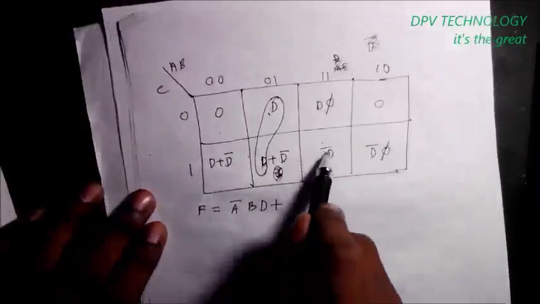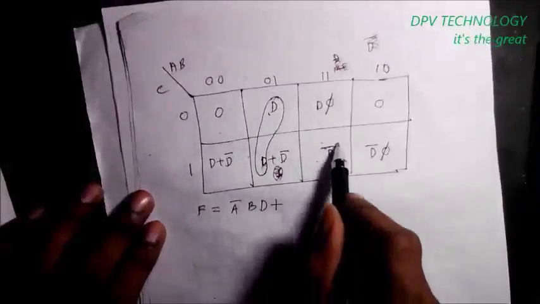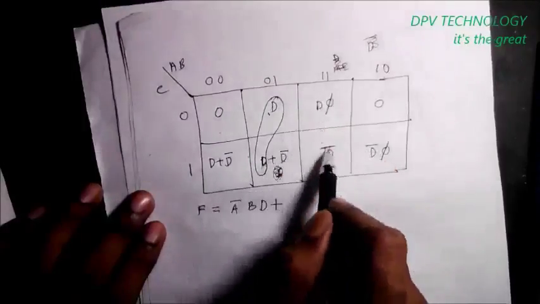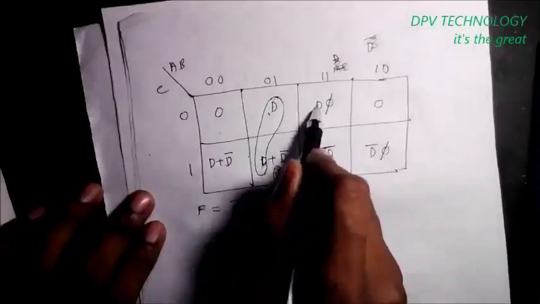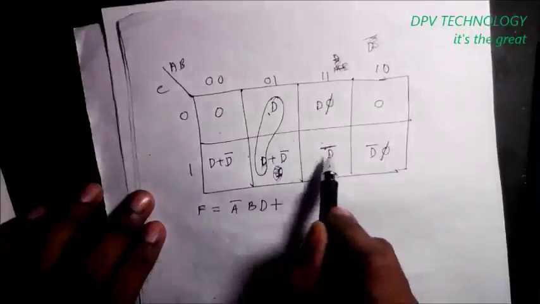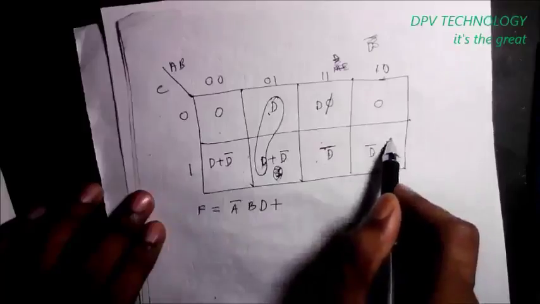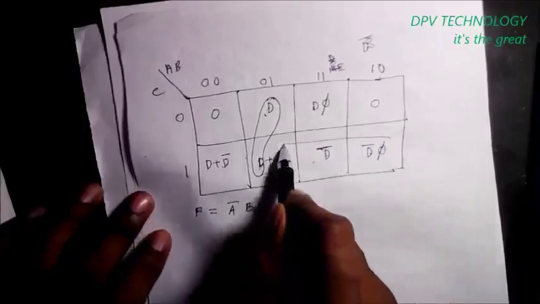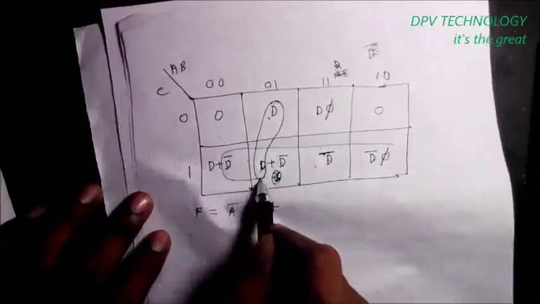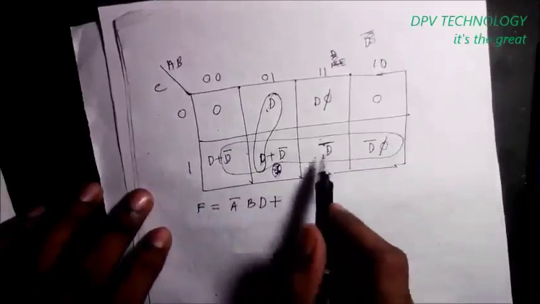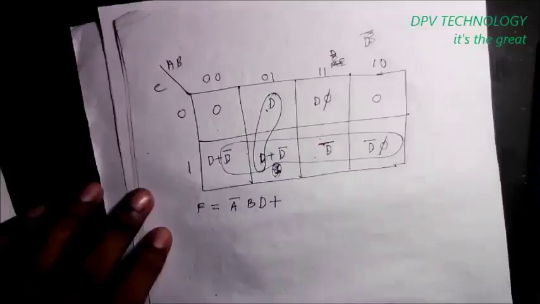Or now here you see we have one another MEV this, so we can cover it. We cannot cover with this thing, that is it is D bar but it is D, so we cannot cover. We can cover this D bar with this with 4. We can do this group, maximum possible D bar.